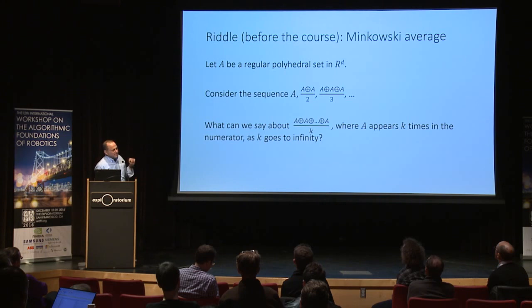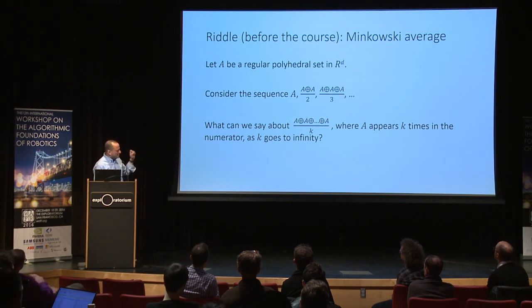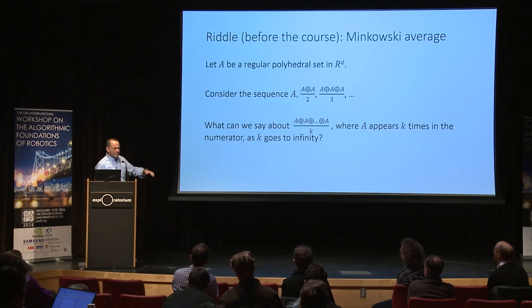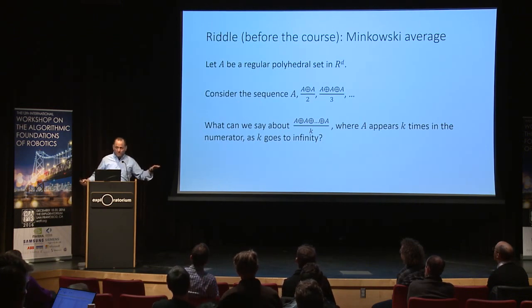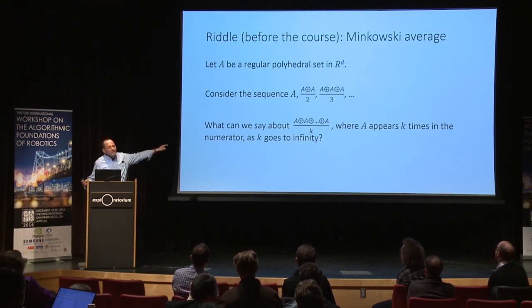And I look at the following sequence. The first element is the set itself. The second element is the sum of the set with itself, but scaled down by 2. Then I take the Minkowski sum of the set with itself 3 times, scaled down by 3. And my question to you, and I'm asking not to shout it out now if you see the solution, wait till the end of the mini course: where is this sequence heading?